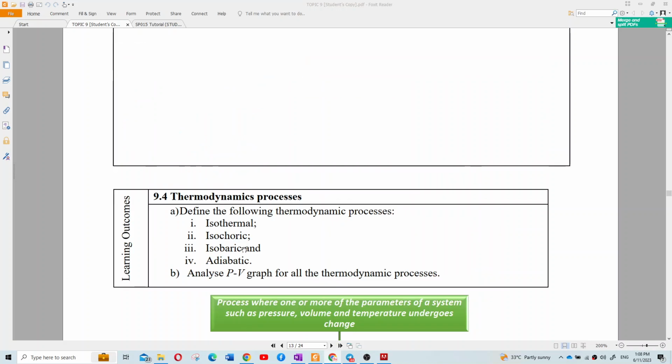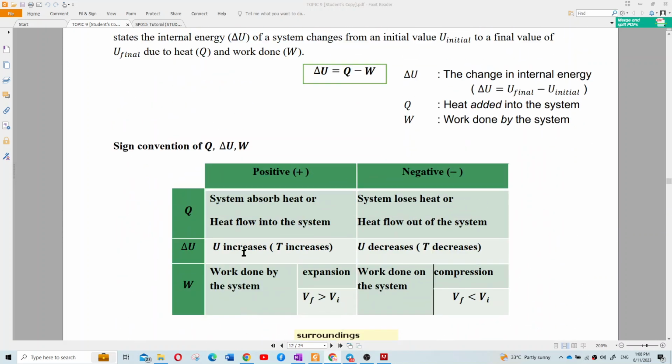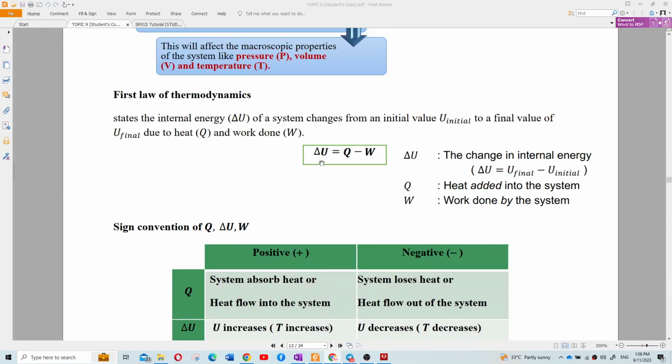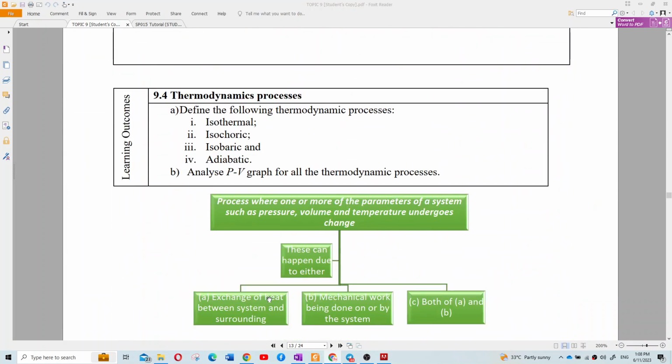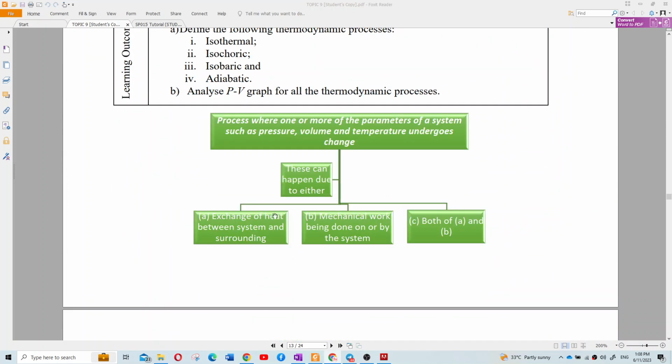Remember the first law of thermodynamics? You learned about this: delta U equals Q minus W. This first law of thermodynamics is related to the thermodynamic processes. Exchange of heat means the Q. Then there is mechanical work done on the system or by the system.